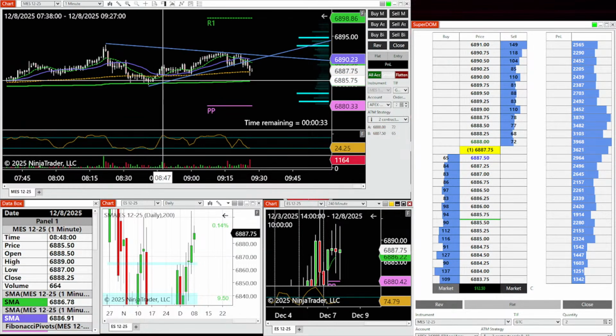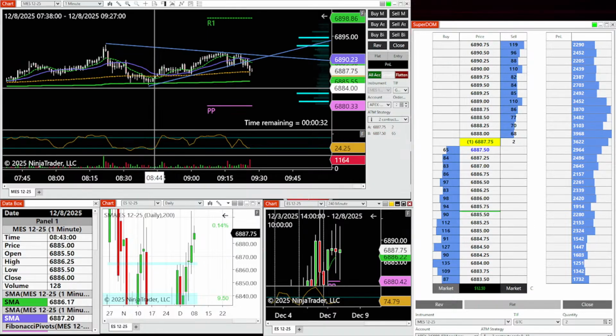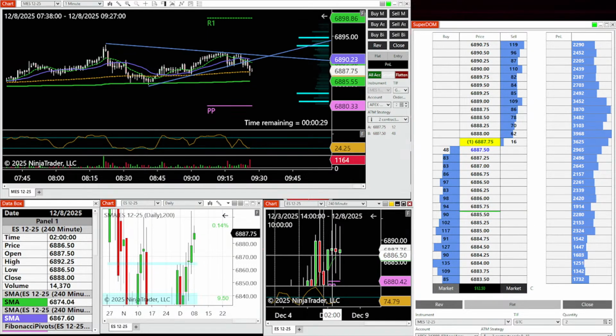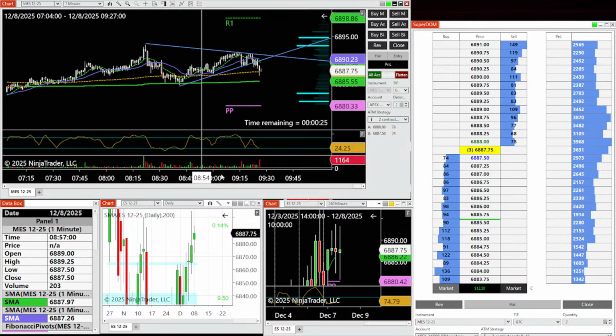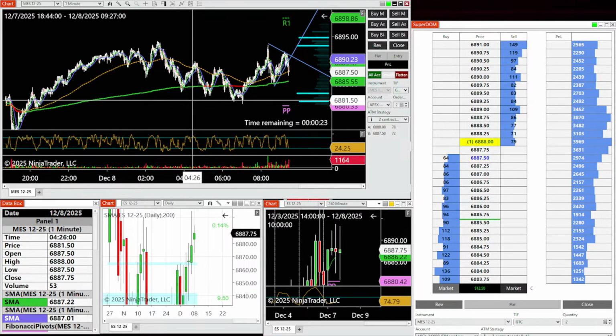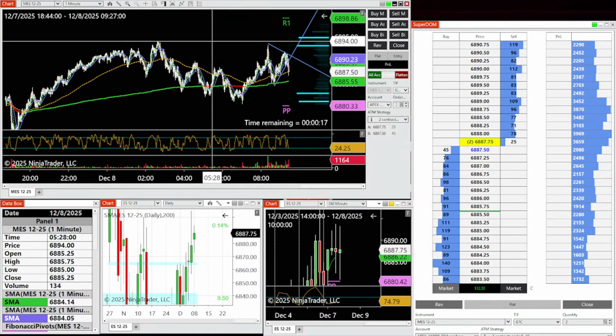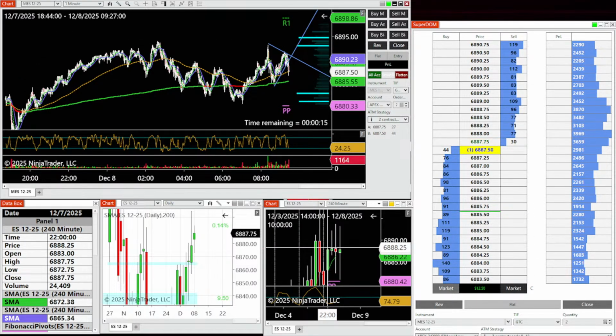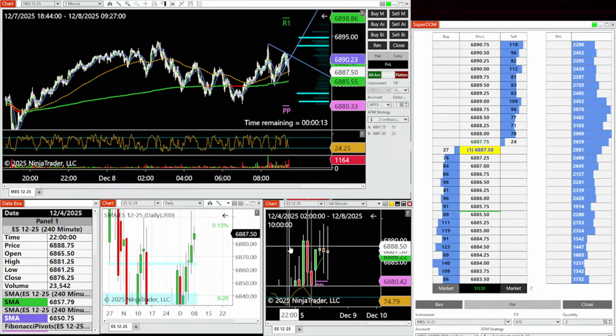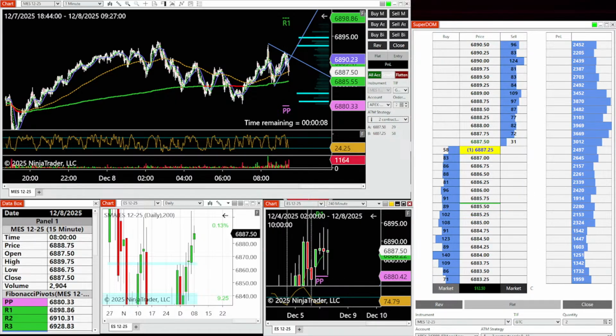We've been touching this 80, 85 around this area. The price keeps coming back around 85, 88, 85, 90. Staying close to 90. Point of control right now is around 88.75.